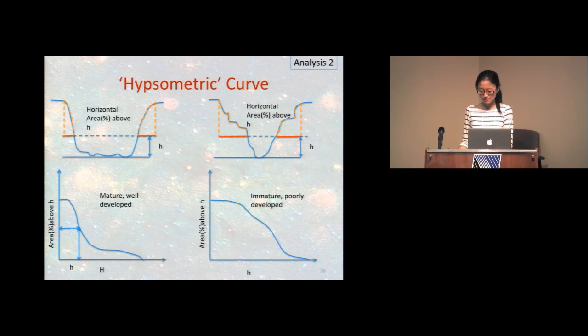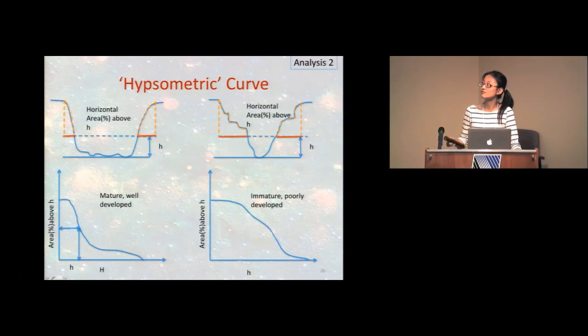This is the concept of what a hypsometric curve is. Briefly, a hypsometric curve can tell us the degree of maturity of the cross-section. If the cross-section looks like this, then we're going to have a curve that looks like this. So if we know the curve follows this shape, then we know it's a relatively mature channel.